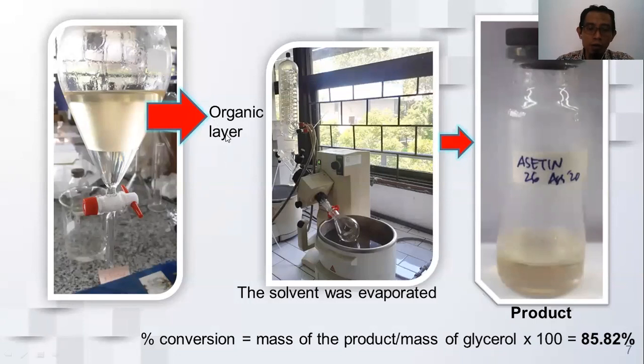The organic layer was evaporated to release the solvent, and finally we have the product. The conversion of glycerol to product in this work is 85.82%.